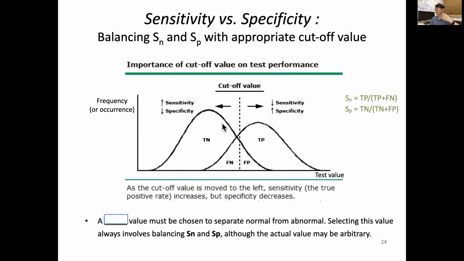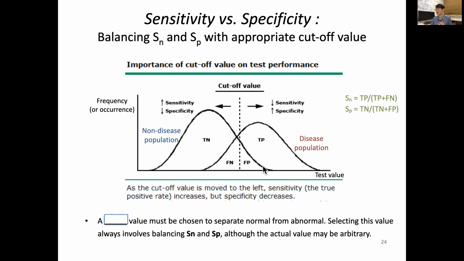From the true point of view of the disease, there will be a disease population, which in this case looks like a normal distribution having higher values, and the no-disease population will also have its own distribution. But you notice that they are actually overlapping. That is the issue. The disease population is this curve of distribution, and the non-disease population is this curve.